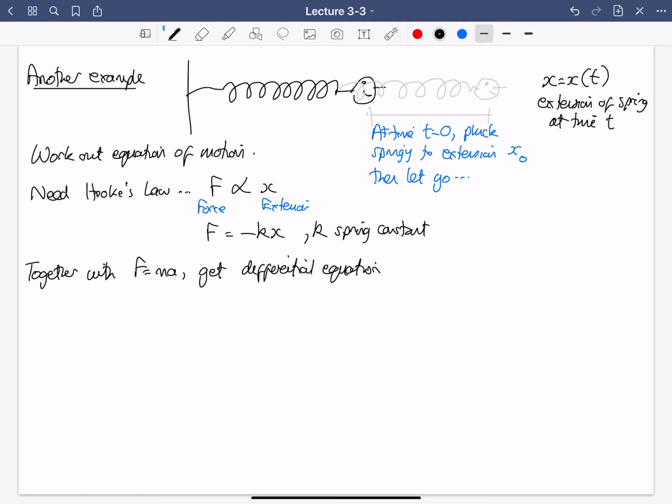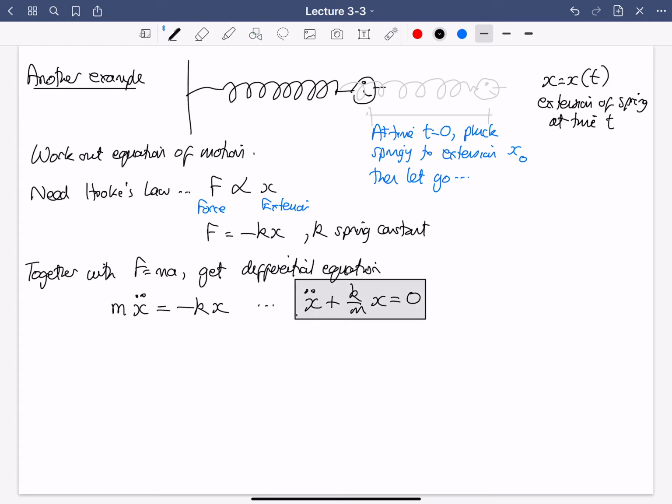So we get mass times acceleration. Acceleration is the second derivative, x double dot. m x double dot is going to be minus kx. That's F equals ma. So x double dot plus k over m x equals 0. So here is the basic differential equation governing how Springy oscillates.